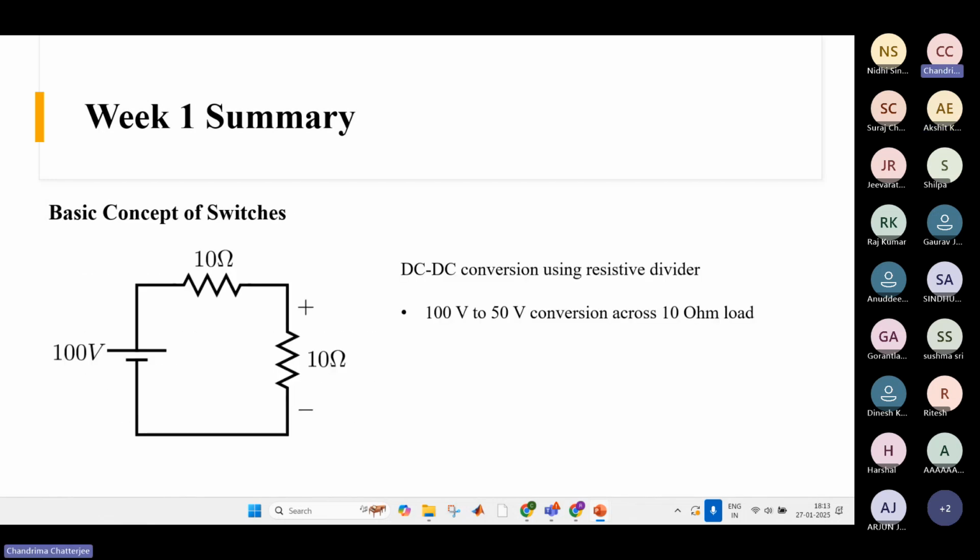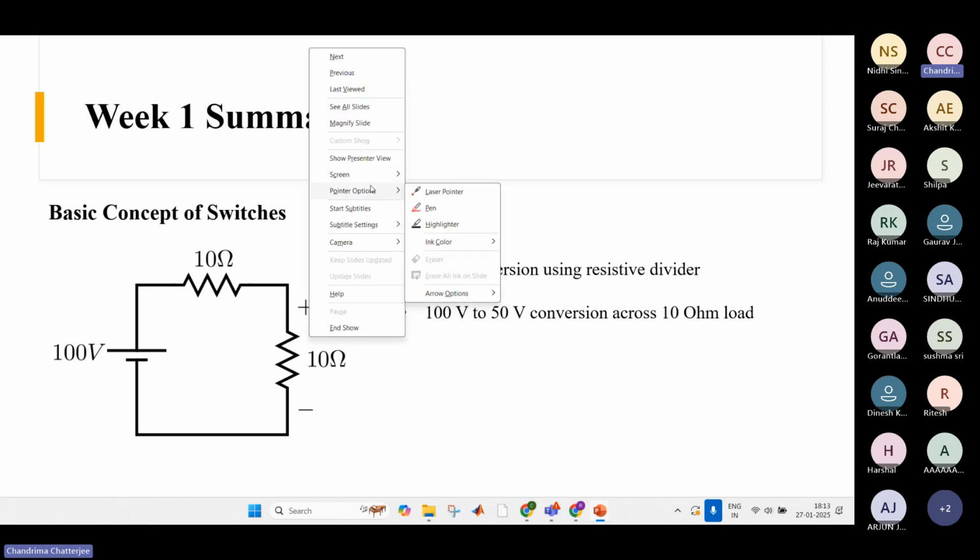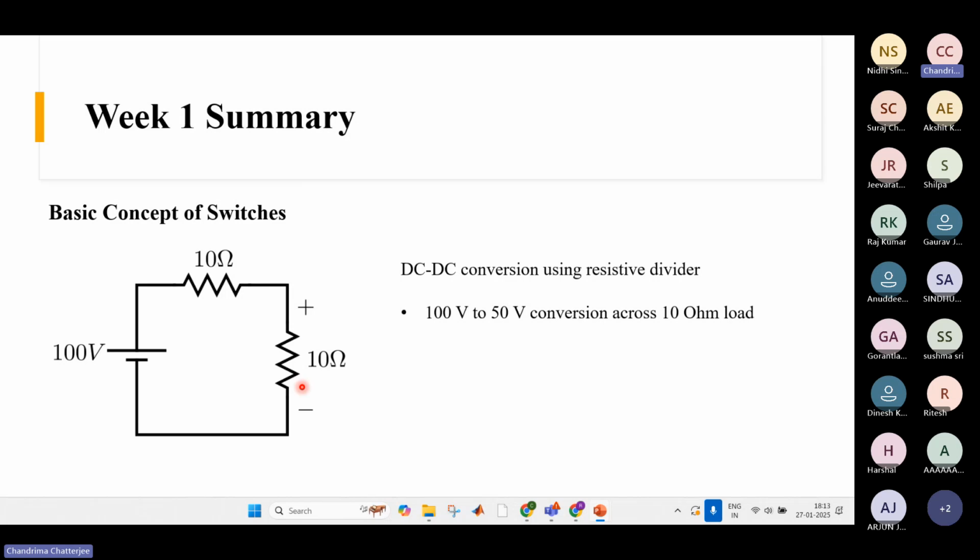If you see this circuit, this is a simple circuit. There is a voltage source and there are two resistors. Suppose somebody asks you that across this resistor, I want 50 volts.